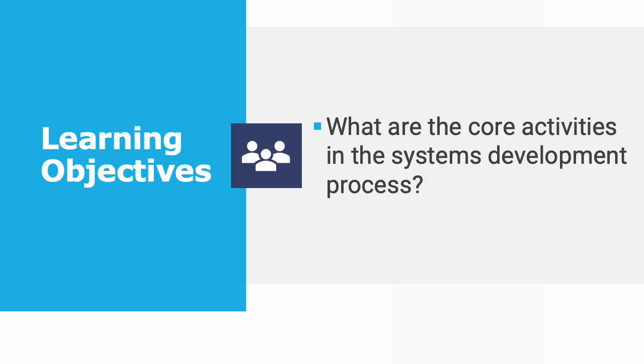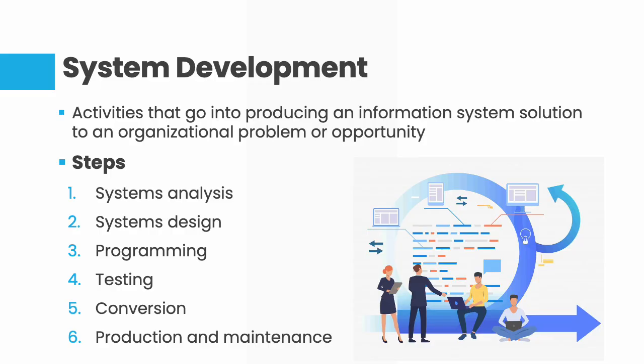Now let's move on to the next section. The core activities in the system development process. What are the core activities? Okay, so let's imagine a company has a problem. Maybe their customer data is all messy and they cannot find anything.